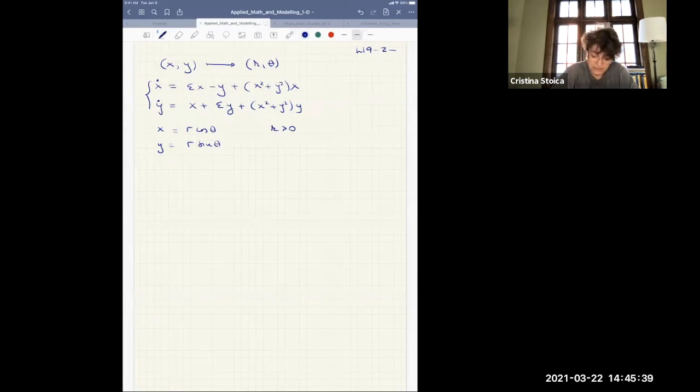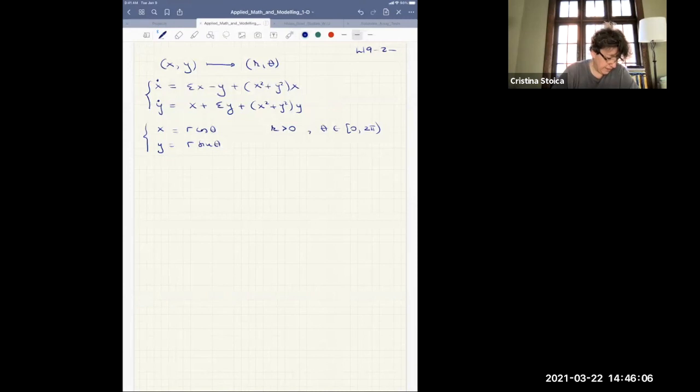At r equals zero, theta can be anything, so that's why we exclude it. Theta we can think of as between 0 and 2 pi, or on a circle, taken as an equivalence class. I don't want to go into topology.